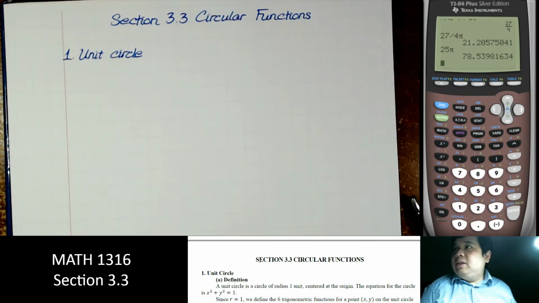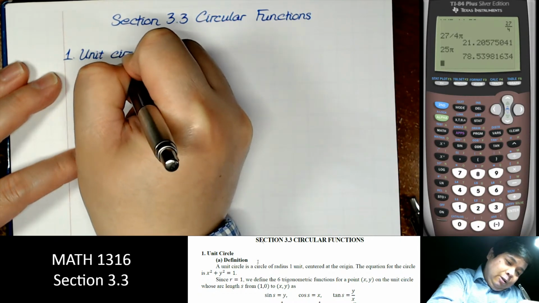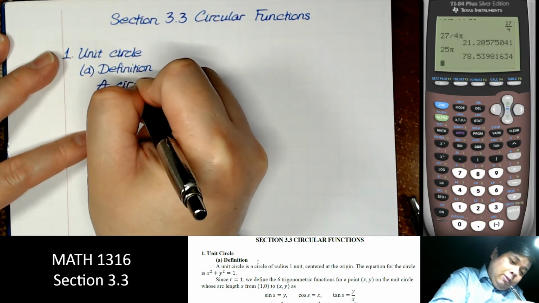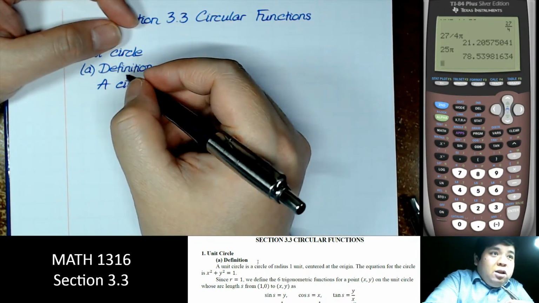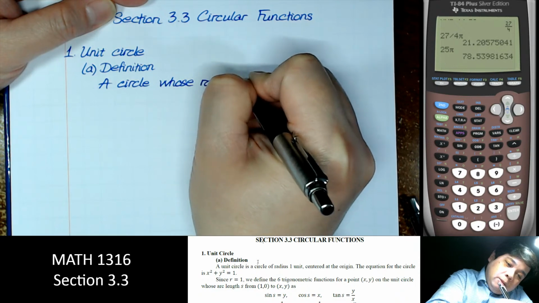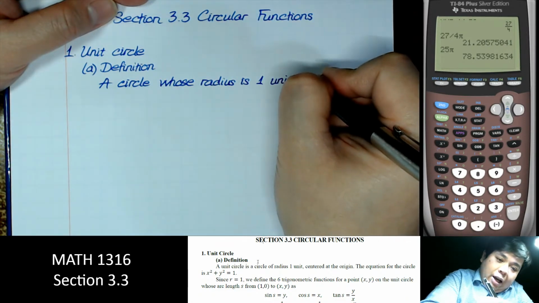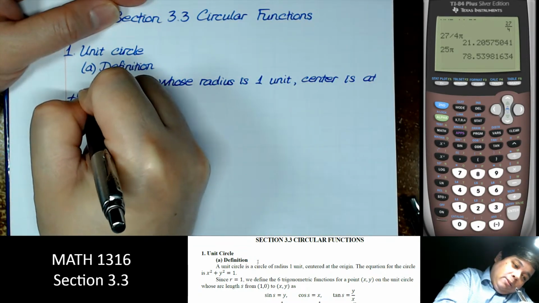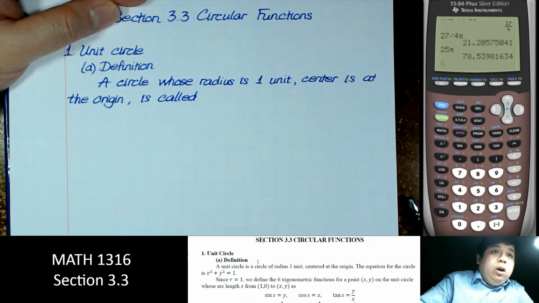Right, unit circle. A circle whose radius is 1 unit and center is at the origin is called the unit circle.